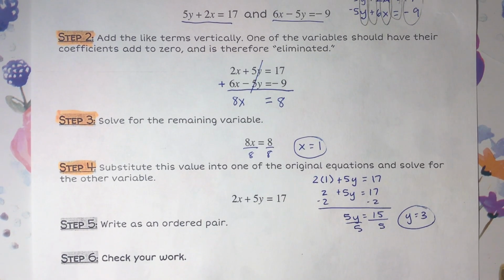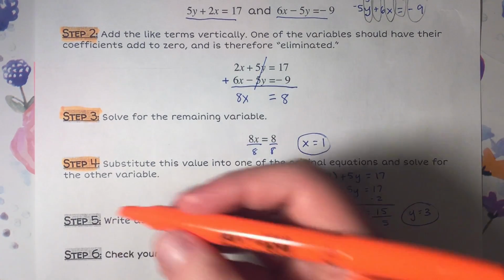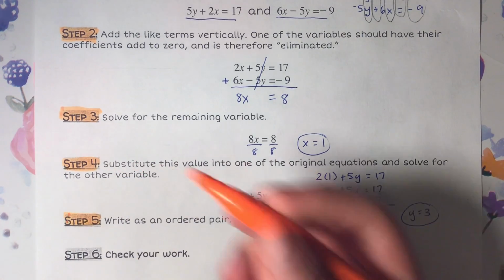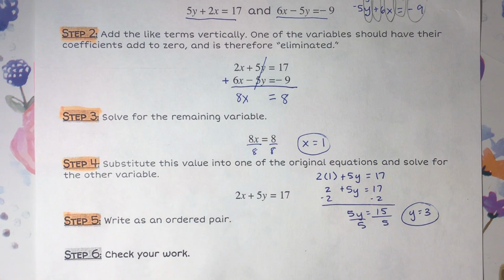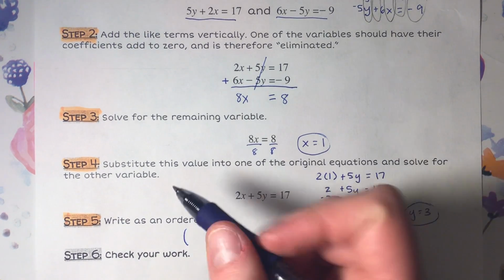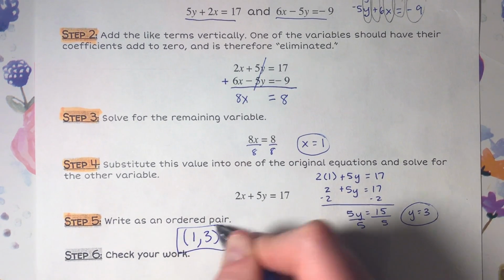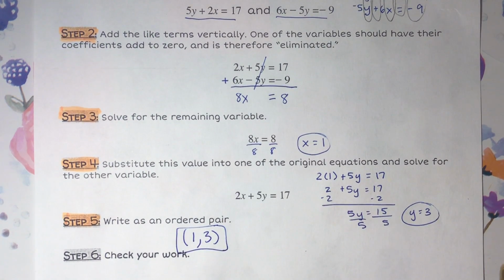Okay. Now everything is just like what we've been doing before. We want to write our answer as an ordered pair or a point or a coordinate, however you want to say it. So that's in parentheses my x value, which is 1, comma, my y value, which is 3. Then I want to check my work.